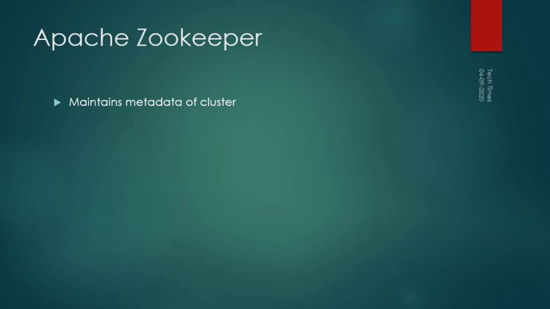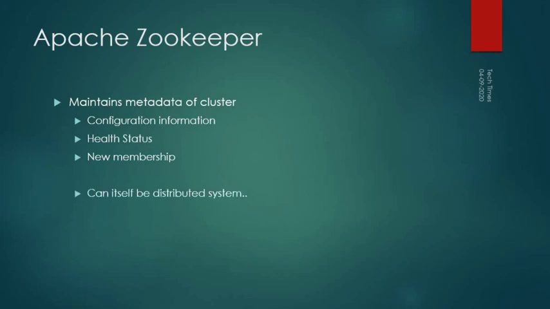Apache Zookeeper maintains metadata of the cluster: how many nodes are there in a cluster, their health status, how many nodes are alive and how many nodes are dead. If any node is not responding on time, it will consider it as down and assign the tasks which were assigned to that node to different nodes. All this management is done by Zookeeper. Zookeeper itself can be a distributed system as well.